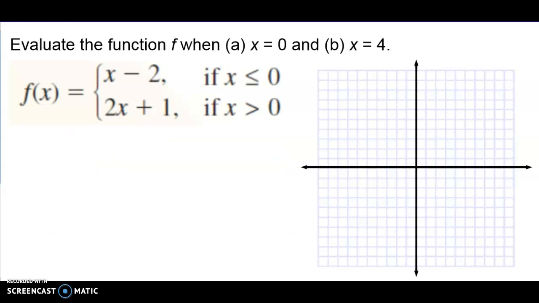So now that we know how to evaluate, let's try to graph a piecewise function. The first expression starts at 0 and it extends to the left, right? Because x is less than 0. So when x is less than 0, let's create a table of values here. This is x, and then this is x minus 2. So when x is 0, the y value is -2.